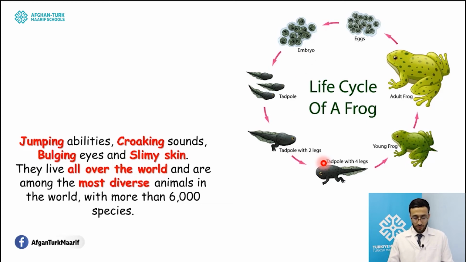In this period, at the middle stage, most of their external and internal body parts are diminished because they are getting ready to live in a terrestrial, land environment. So after passing their first period of life in the water, they are now able to live on land, and we call it an adult frog. This was about the life cycle of the frog.